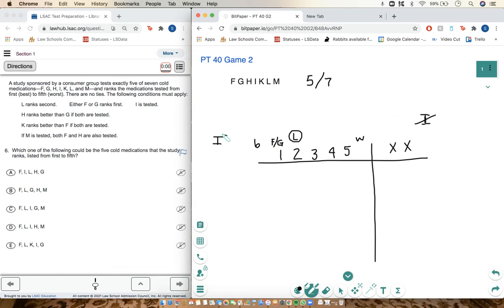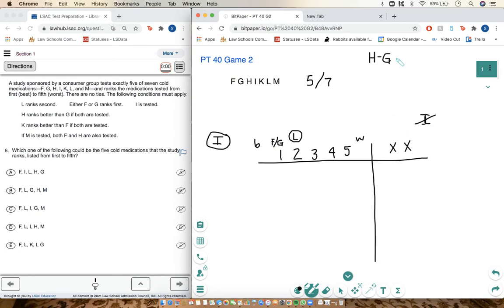Our next rule, H ranks better than G if both are tested. So if you have both, then H comes before G. So I see that we have a G over here from our second rule. If H comes before G, can G come first? No, right?